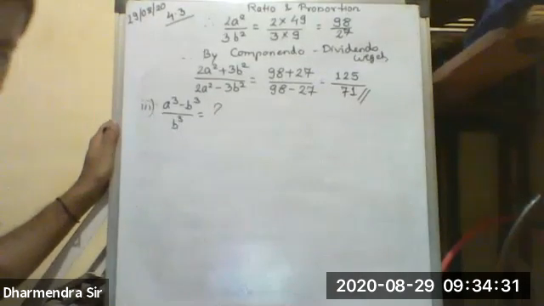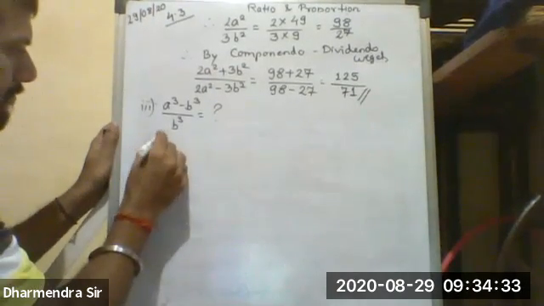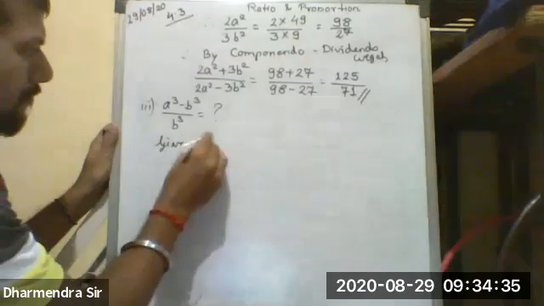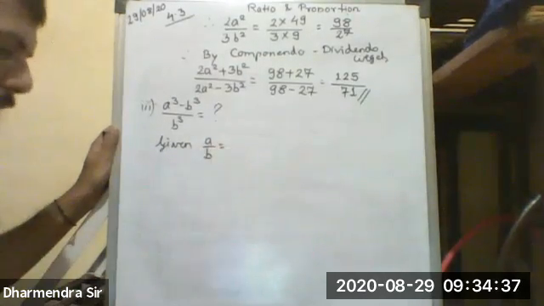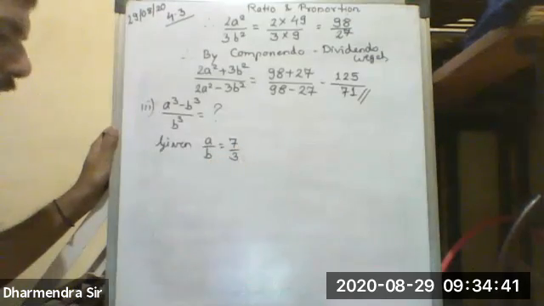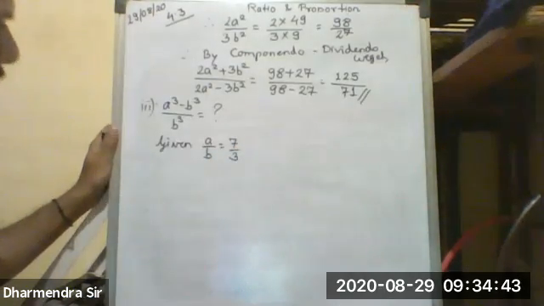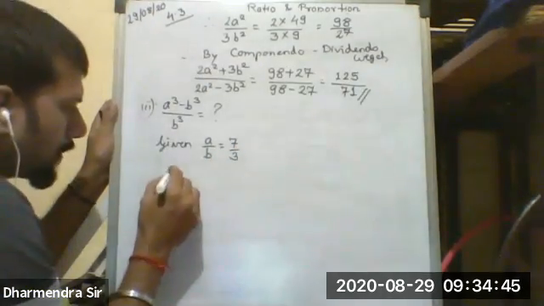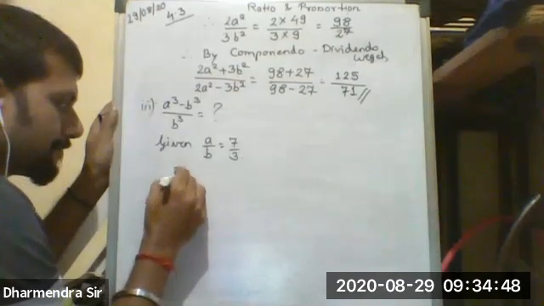Given a by b equal to 7 by 3. This is given. So taking cube on both sides.